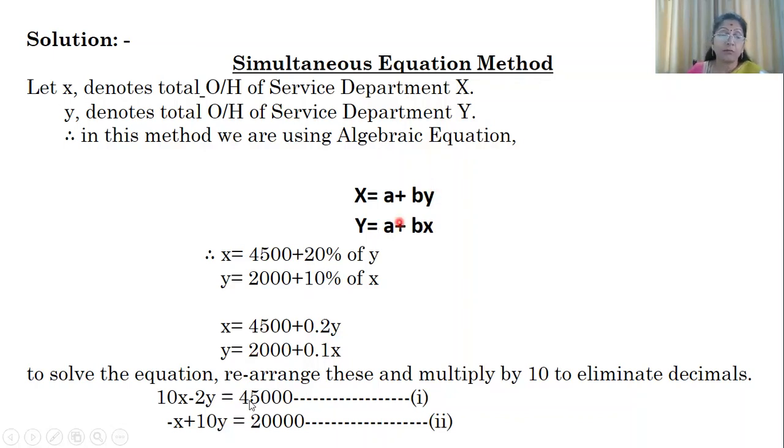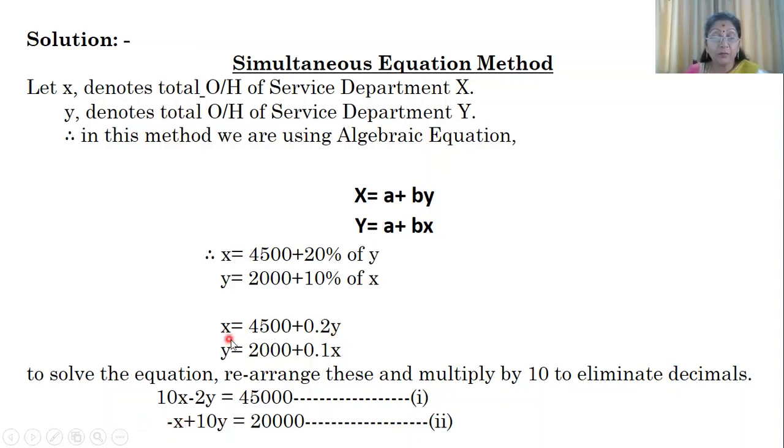If you multiply by 10, the decimal can be removed.